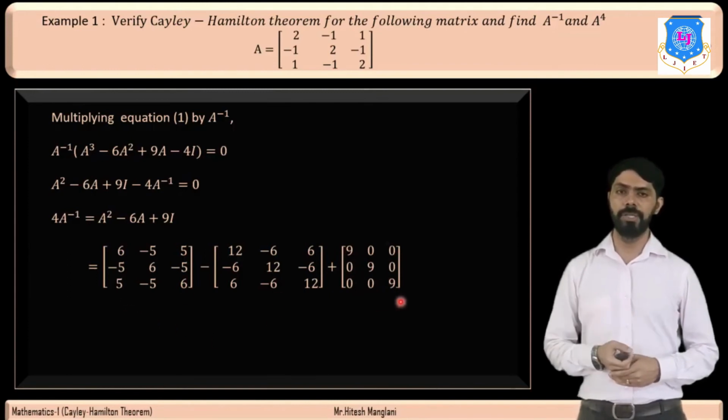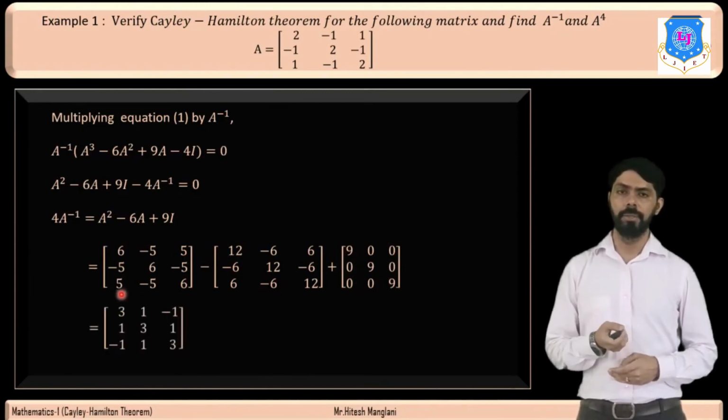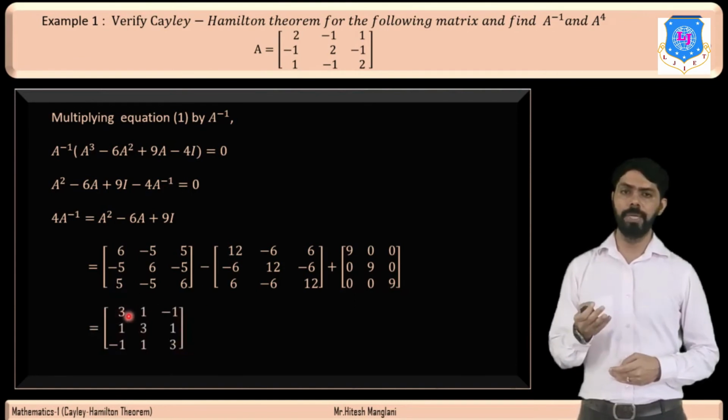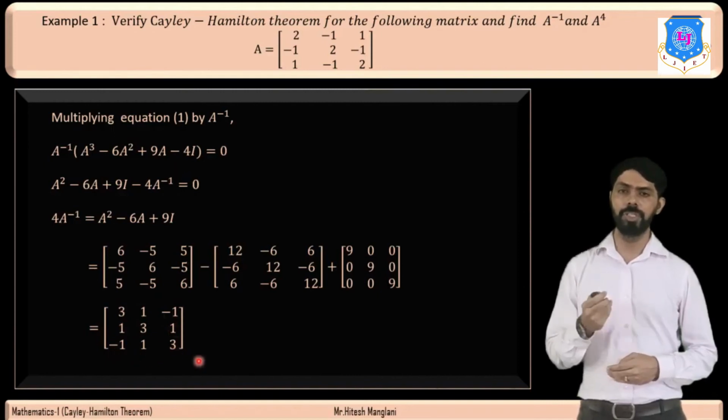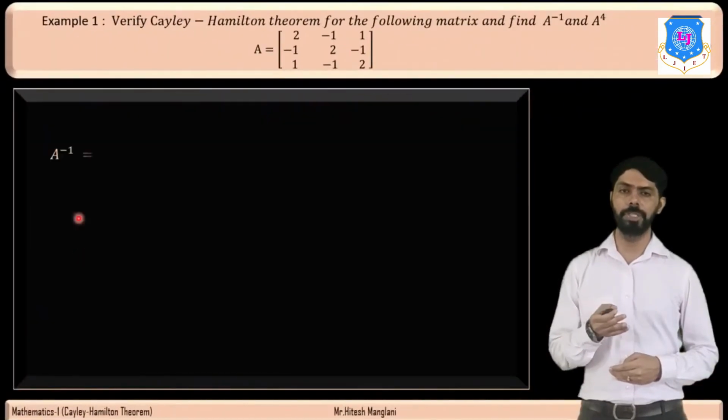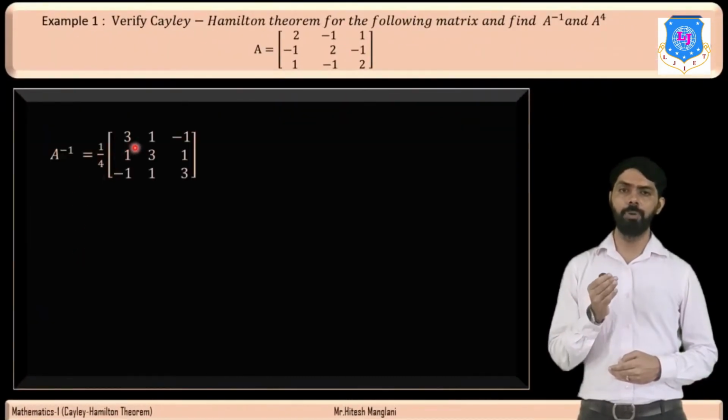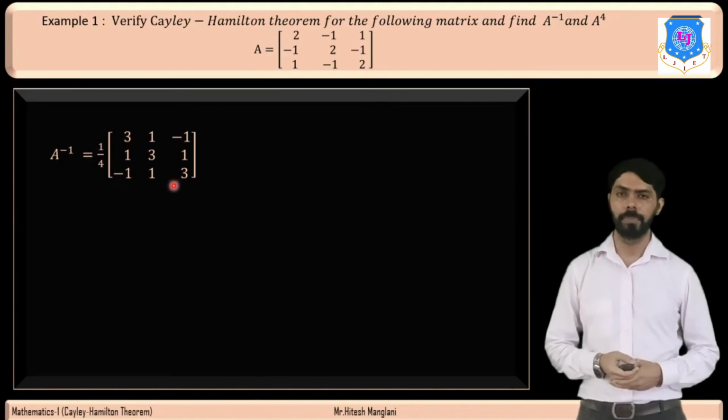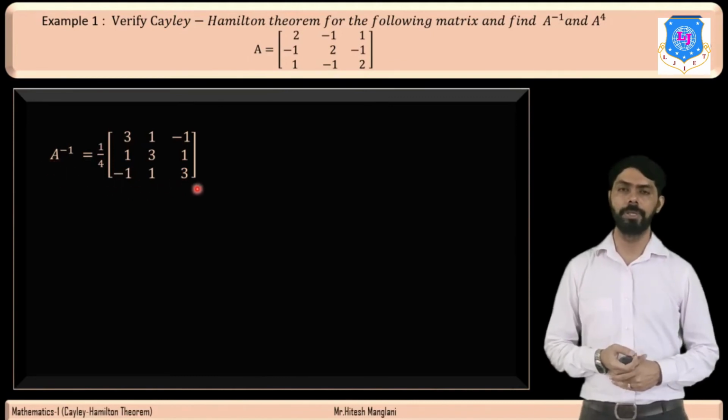Now if we simplify this, then the matrix will be [3 1 -1; 1 3 1; -1 1 3]. So this is 4A inverse, but here we will have to find out A inverse. Therefore, A inverse is equal to 1 divided by 4 into [3 1 -1; 1 3 1; -1 1 3]. So this is the answer of A inverse.